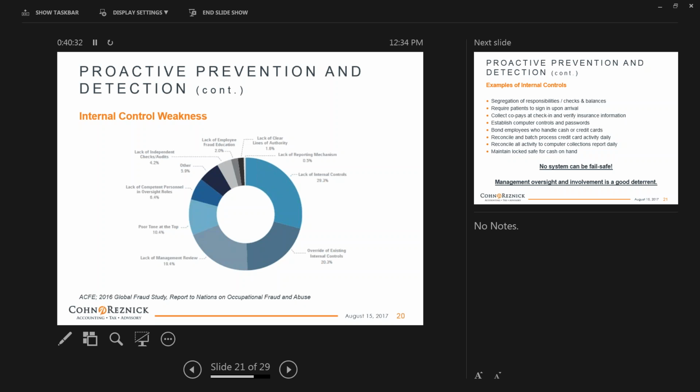It's that tone at the top. So when you take those two categories together, that's 50% of the fraud cases. 50% of the fraud cases are a direct result of lack of controls or the overriding of those controls by someone within the organization itself.